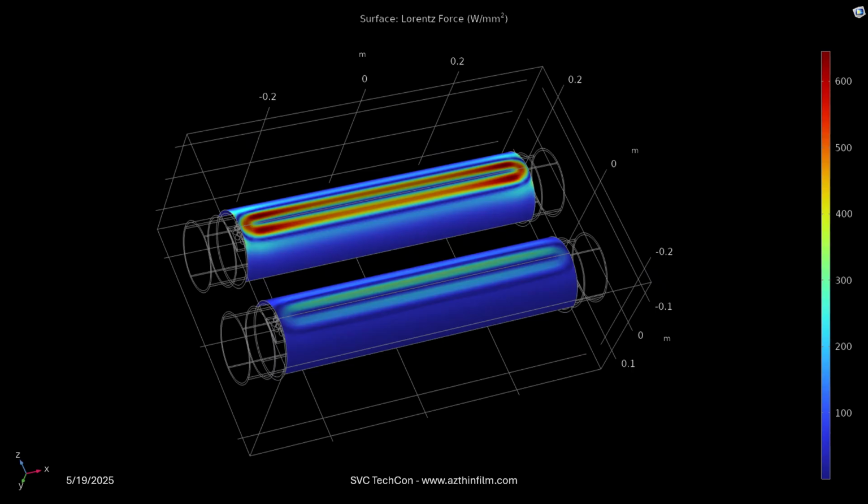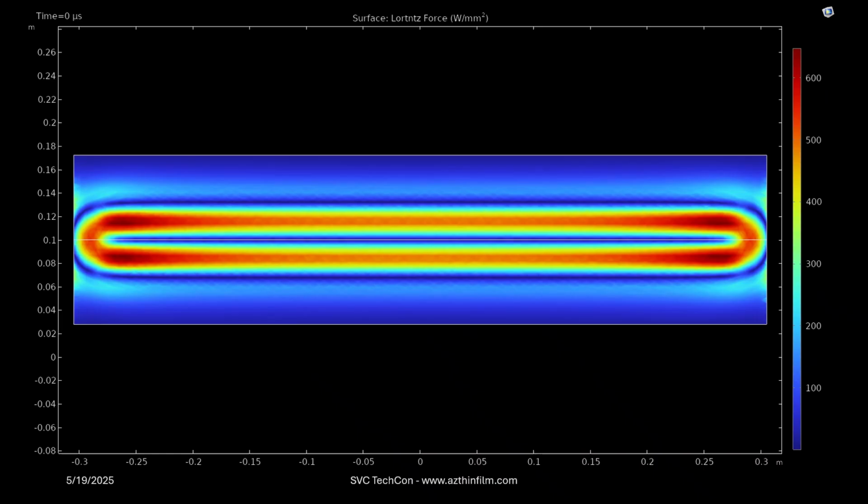If we plot the Lorentz force intensity on the surface of the targets, we can see that the target that has the cathode bias on it has a stronger Lorentz force at the turnarounds and a little bit weaker along the straightaway. If we unwrap that and take a closer look, we can see that the straightaways are fairly even with each other in intensity, and the turnarounds have a little bit higher intensity.